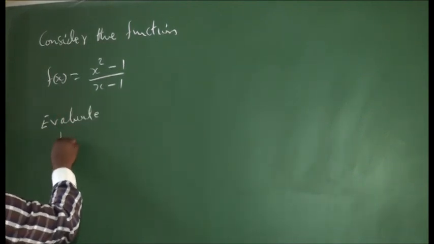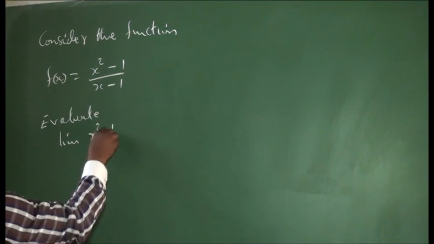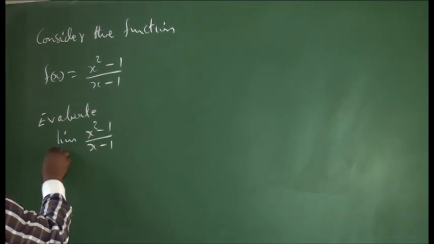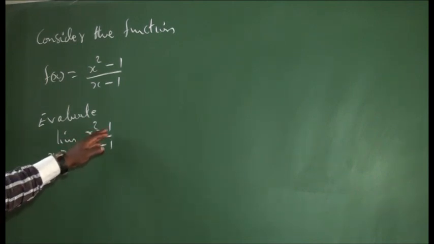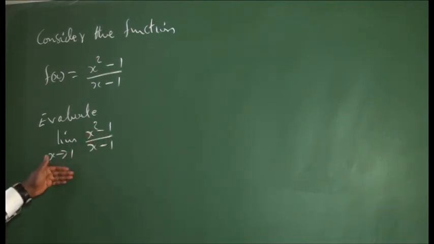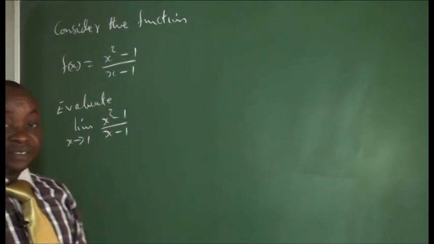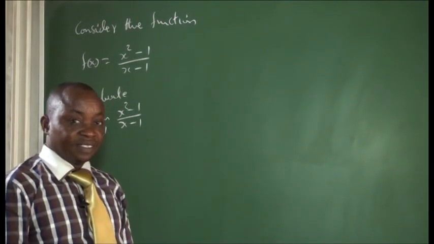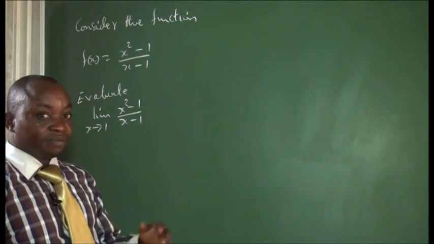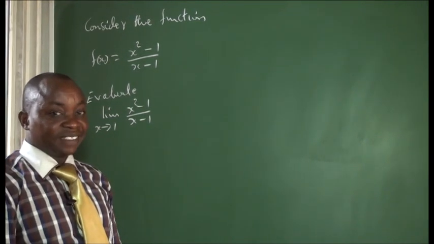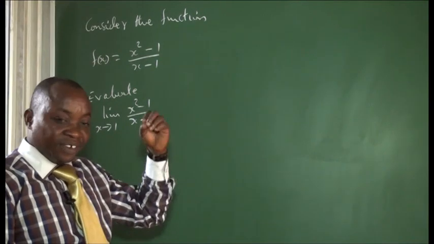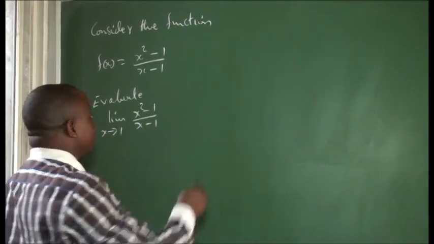That is, we evaluate the limit of x squared minus 1 over x minus 1 as x approaches 1. What will be the limit? I would like us to use the tabular approach again so that we can see it clearly. After this, we'll use various methods of limits, but I want you to really understand the concepts of limits.